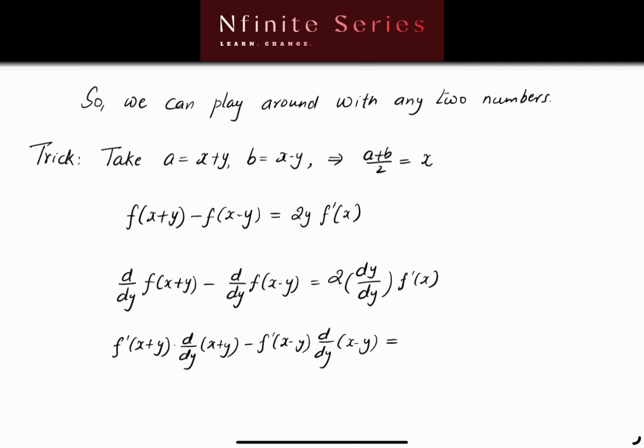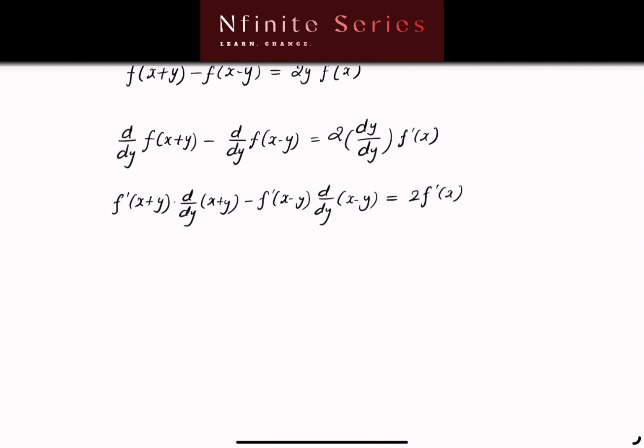This is equal to, since the derivative of y with respect to y is 1, 2 times f prime x. Now simplify further. We have f prime of x plus y. This minus becomes plus. f prime of x minus y is equal to 2 times f prime x. Now the right hand side is independent of y.